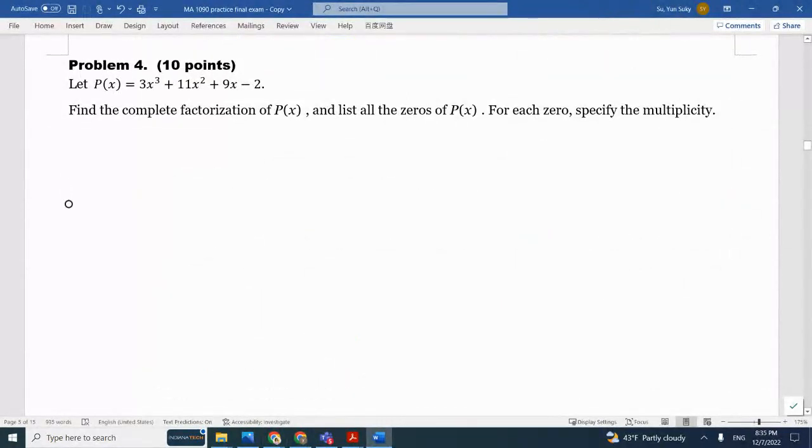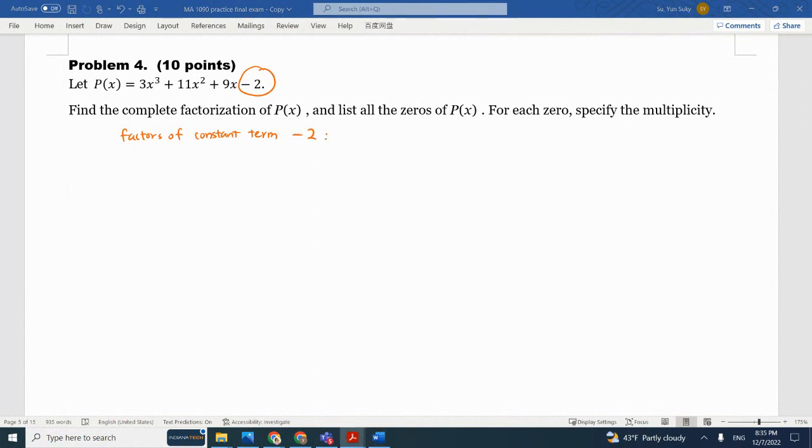Okay, this problem is a longer problem. Complete factorization of p of x. List all the zeros. Okay, so here, first of all, we do factors of the constant term. Here the constant term is -2.